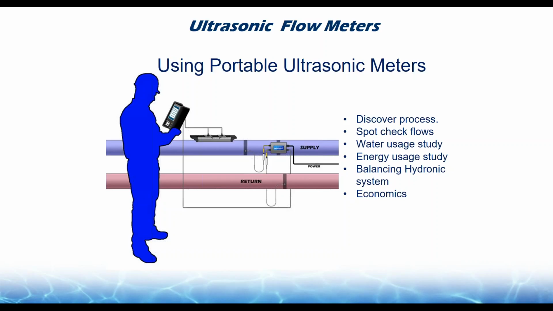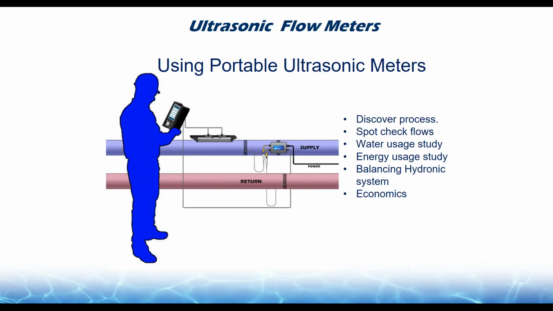And you can begin to log the data, where it will take a snapshot of information throughout that time period that you want, either an hour or day or week or month or something. And then you can develop some trends. It's a very good place to find your lost billable water, or if you have a leak in a system. When everything's turned off and you're still getting flow, you've got a problem.